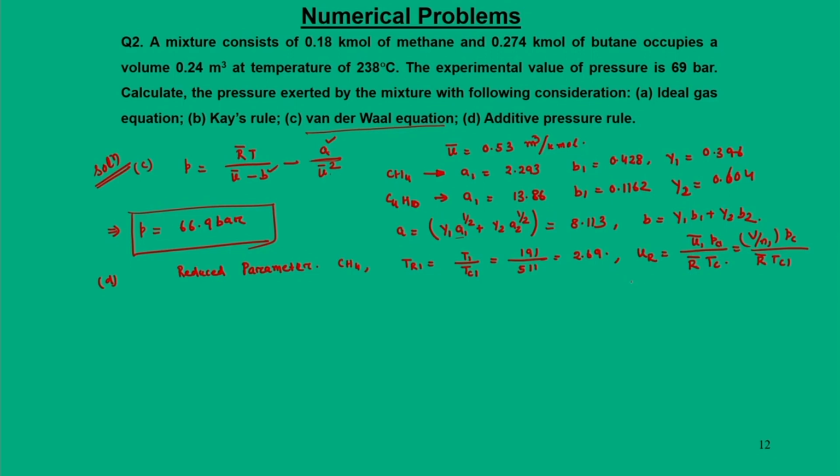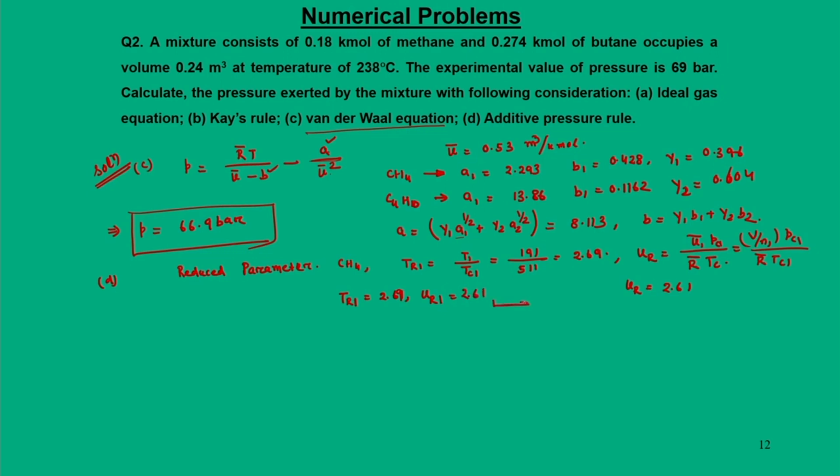Then this VR number would be 2.61. So, TR1 is 2.69 and VR1 is 2.61.